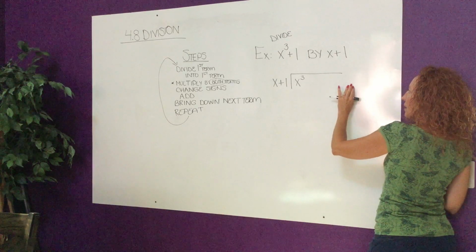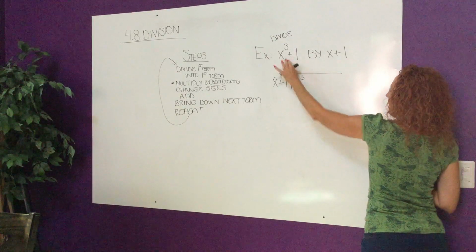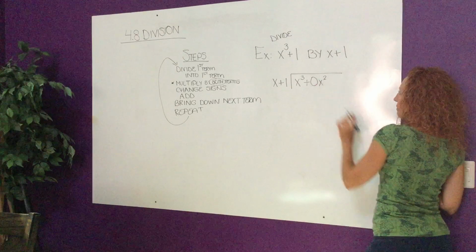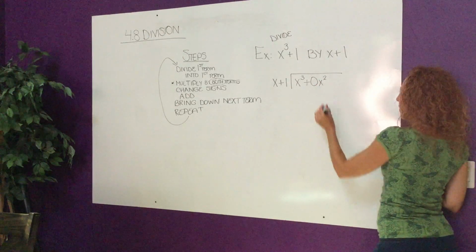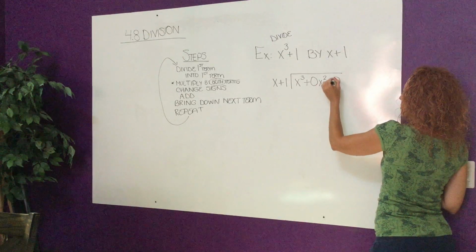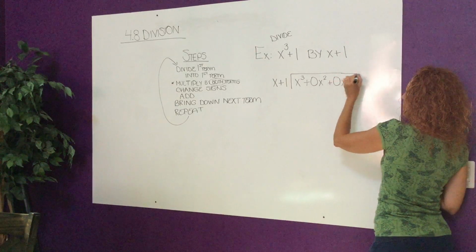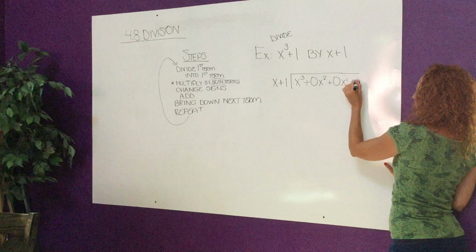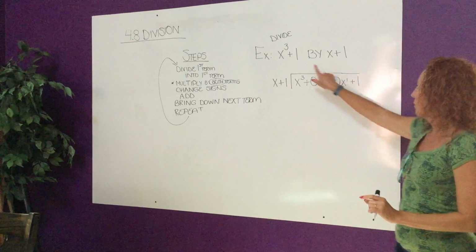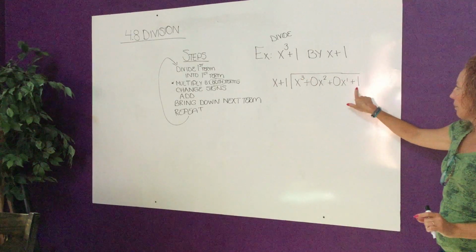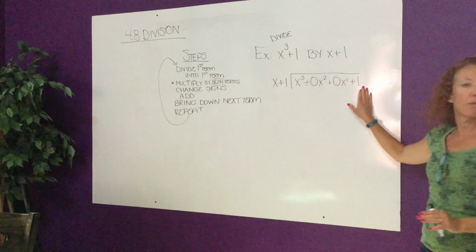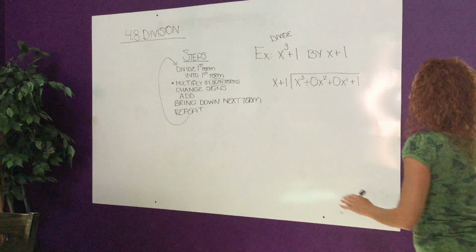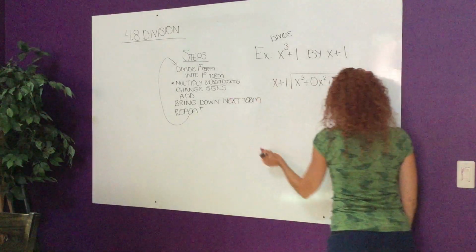Everybody needs to be here, but there isn't an x squared term, so we put a placeholder in as a 0. We don't have an x to the first term, so we put a placeholder in as a 0. And then the last thing left is our constant term, which is 1. All right, so now you're going to see me go through the steps 4 times because we have 4 terms to go through. So again, here are my steps.